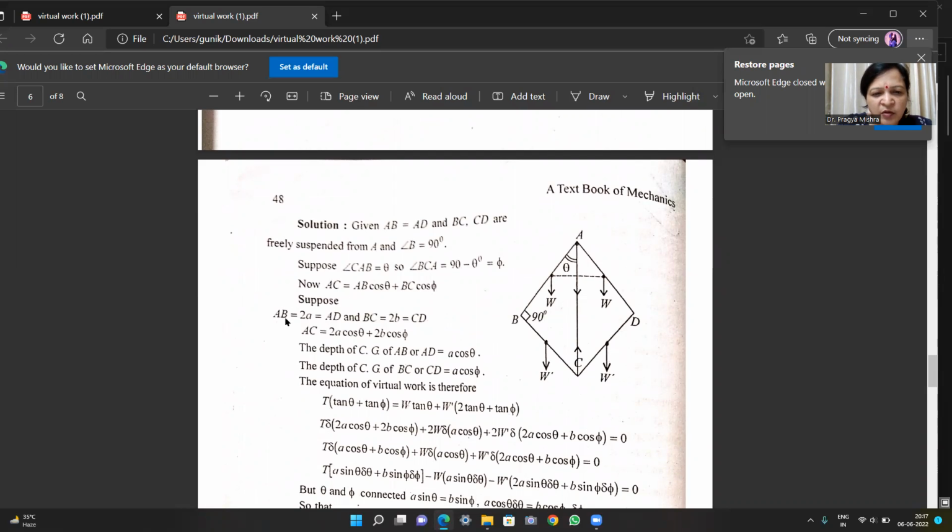So suppose AB equal to 2a equal to AD and BC equal to 2b equal to CD. So we have AC equal to 2a cos theta plus 2b cos phi.